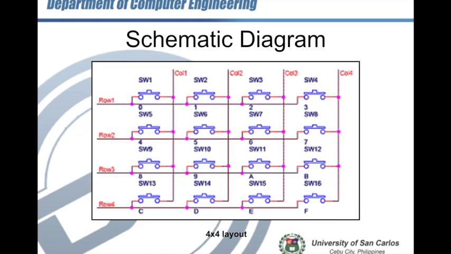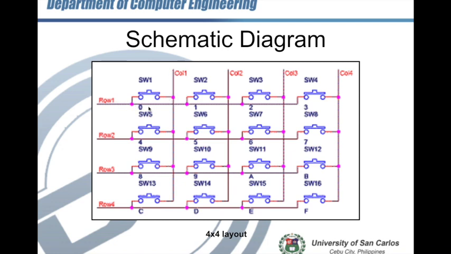So the switches are connected in a matrix, which we designate some columns and rows, and each switch connects to a row and a column. So for example, if you look at switch 1 is connected to column 1 and row 1.